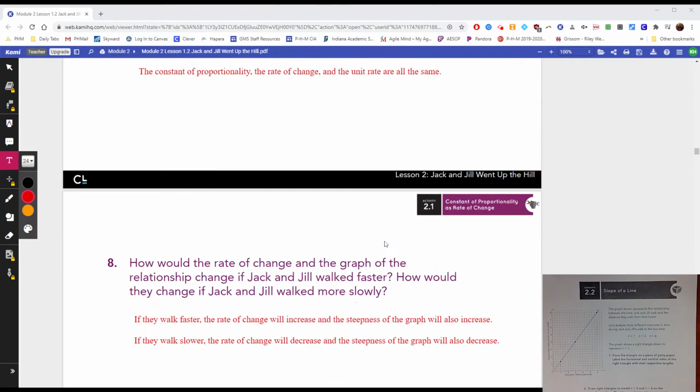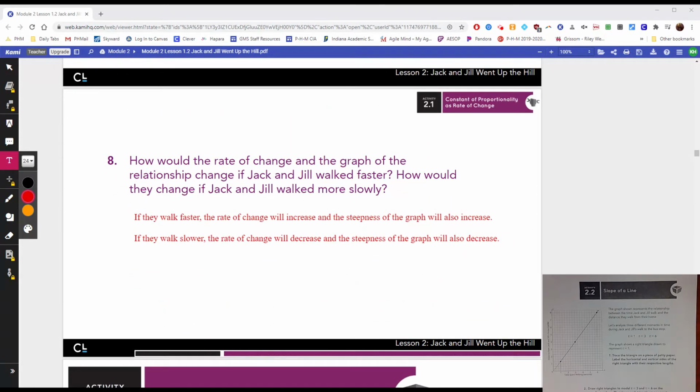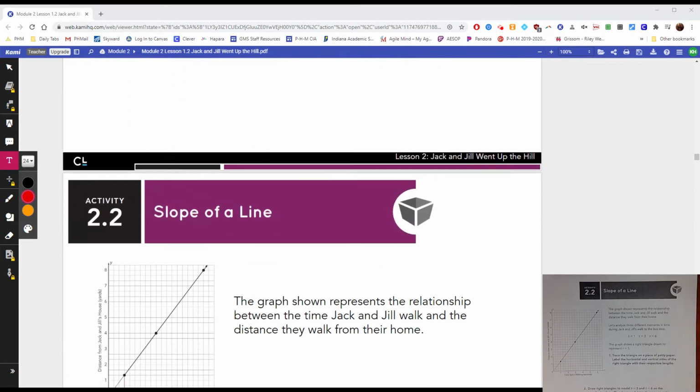At the very end of our lesson, we saw that as they walk faster and the rate of change increases, then the steepness of the graph increases. If they walk slower, the rate of change decreases and the steepness of the graph will also decrease.